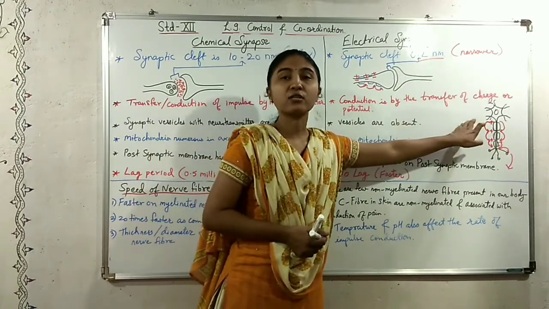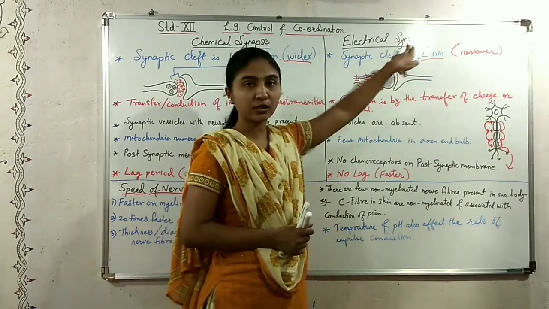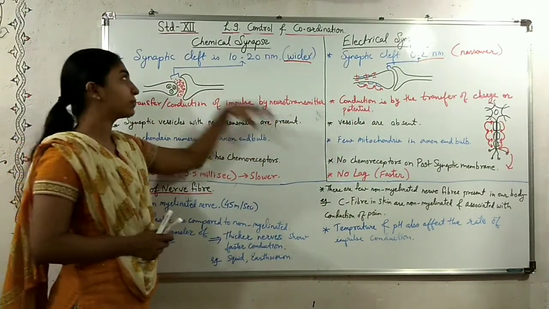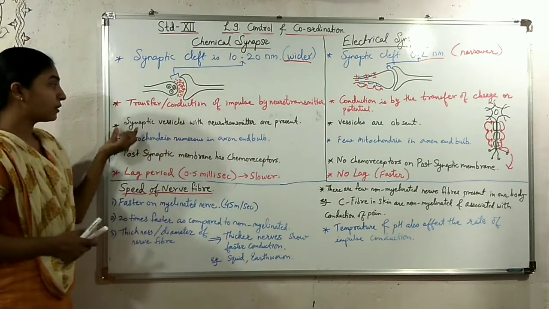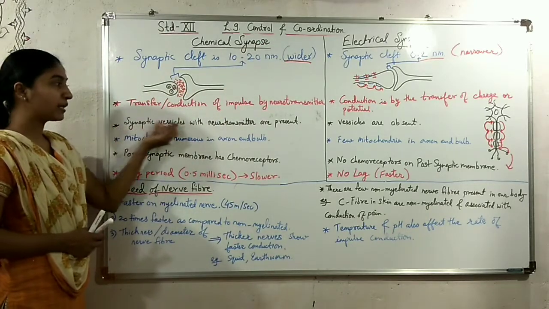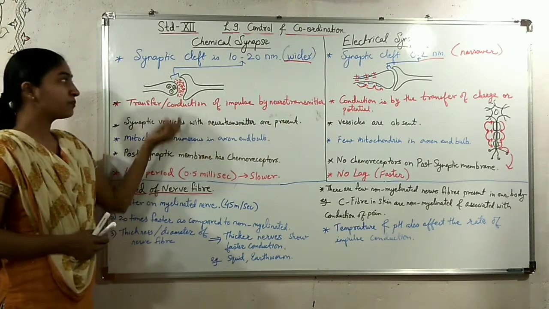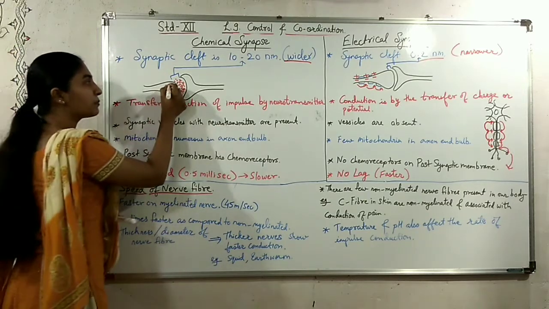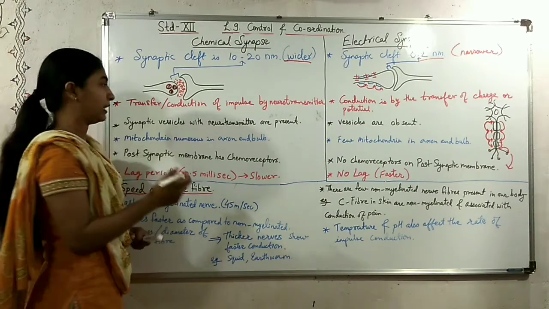The charges are responsible for the transfer of impulse. That's why it is called an electrical synapse. Here the chemical is responsible for the conduction of impulse. That's why it is called a chemical synapse. Now next, synaptic vesicles with neurotransmitters are present. In the axon end bulb, the synaptic vesicles have the molecules of neurotransmitter inside them.